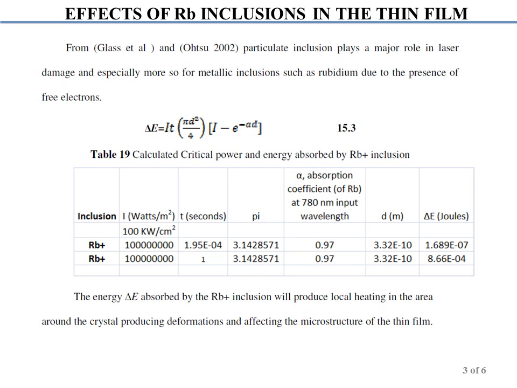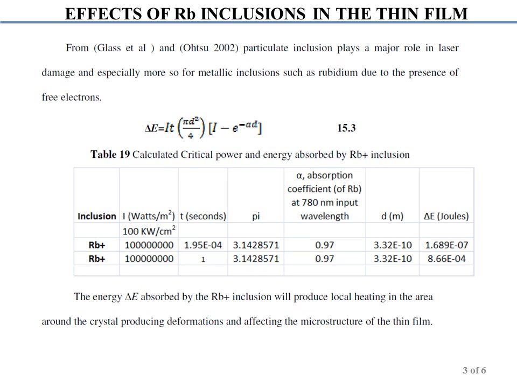For example, in table 19, we look at a 100 kilowatt per centimeter squared laser, with a pulse of 1.95 times 10 to the minus 4 seconds, and we can see the absorption coefficient of rubidium at 780 nanometers is approximately 0.97. The diameter of the rubidium ion is around 3.32 times 10 to the minus 10, and so we have a net energy change of 1.689 times 10 to the minus 7 joules.